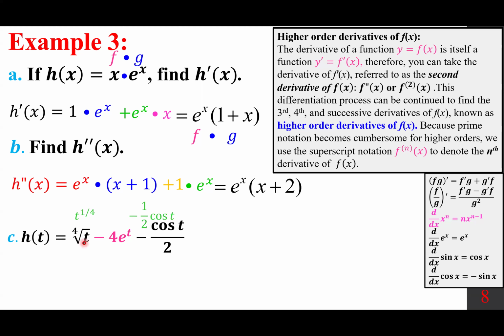So starting with this, h prime of t equals this one, 1/4, t to the power of 1/4 minus 1. This one is itself, minus 4e to the power of t. This one, negative 1/2 times cosine, the derivative is negative sine, times negative sine t.